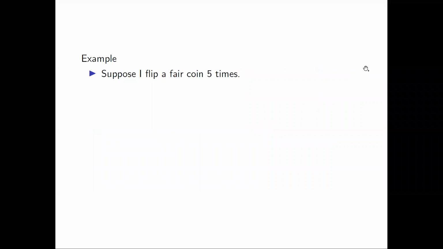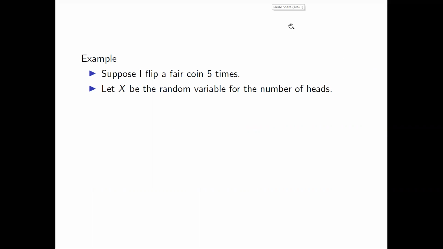So let's look at some examples. Suppose that I flip a fair coin, so not a weighted coin, a total of 5 times again. And we'll define the same random variable as last time, X, to be the total number of heads in 5 flips.